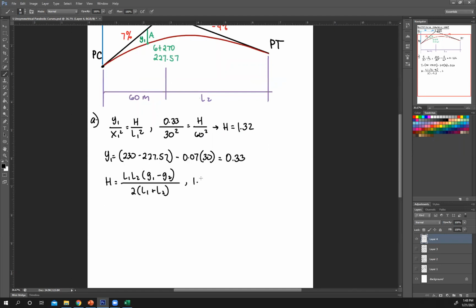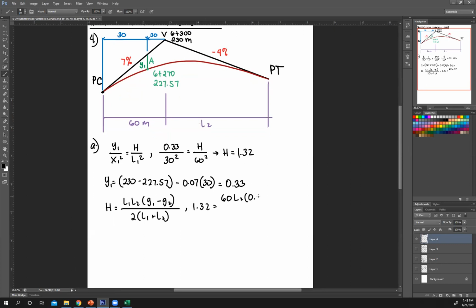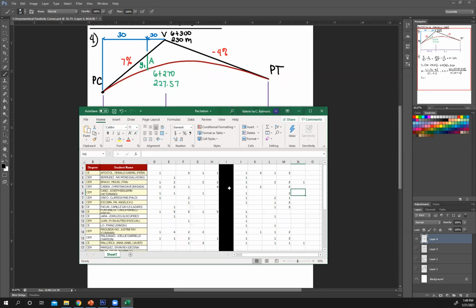So now you get 1.32 equals L1 is 60, times L2, times 0.07 minus negative 0.04, so that's plus 0.04, all over 2 times L1, which is 60, plus L2. So using this equation, solve for L2. What's the answer? Correct, it's 40.